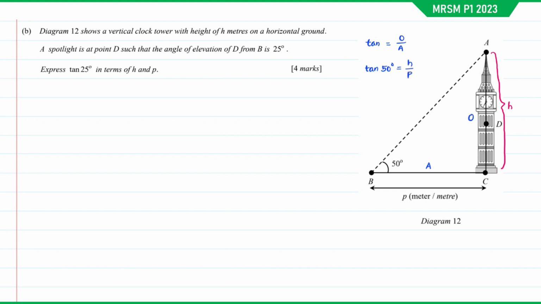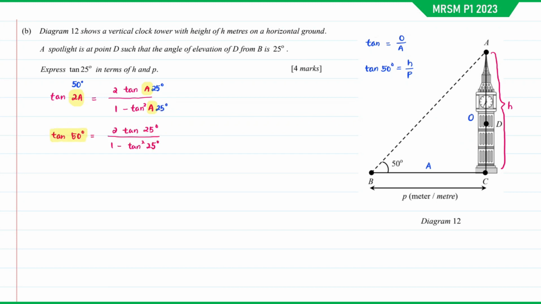So now let us refer to the double angle formula for the tangent. If 2A here is 50 degrees, then A is half of 2A, so A is going to be 25 degrees.